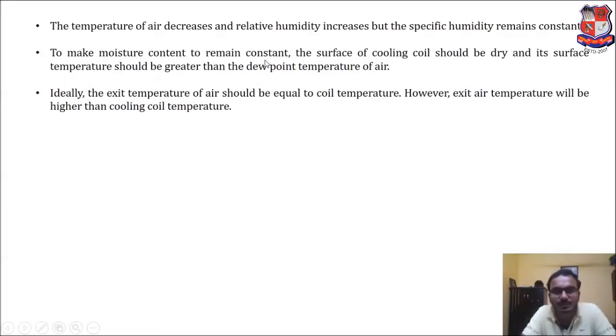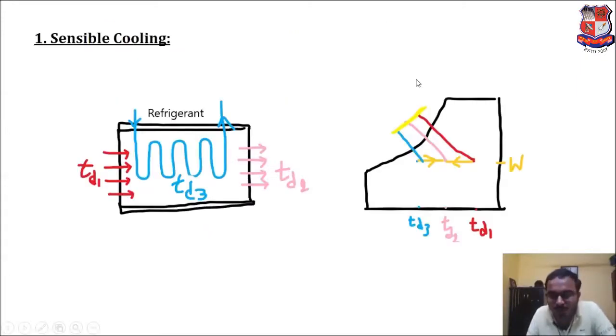However, the exit air temperature will be higher than the cooling coil temperature. So what does this mean? Ideally, as we are using this TD3 refrigerant, the final exit temperature should be equal to TD3.